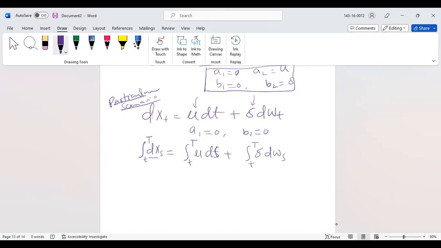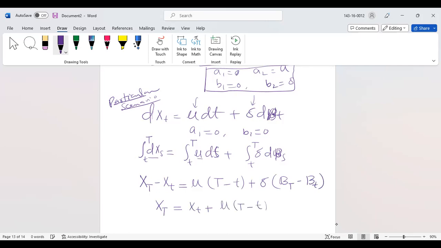When you integrate this, you will get X of T minus X of t. This mu is constant, so this is going to be mu times (T minus t), plus this sigma is constant, and this dW is basically dB in your case. It's going to be B of T minus B of t. So X of T is going to be X of t plus mu times (T minus t) plus sigma times (B of T minus B of t).